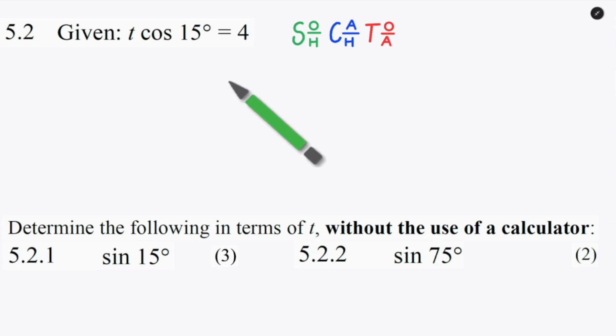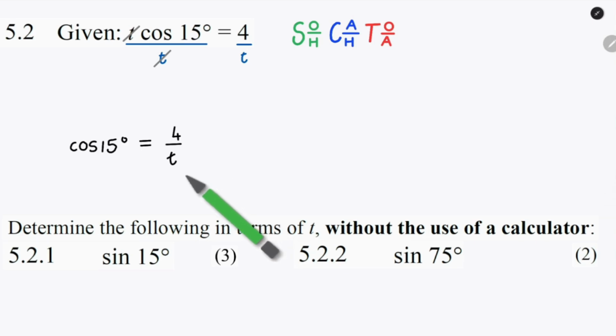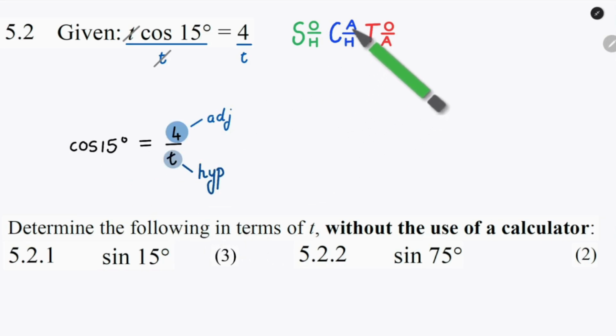And we're going to accomplish that by dividing both sides of the equation by t. And then they cancel on the left hand side over here. And I'm left with cos of 15 degrees equals 4 over t. And then we analyze this line like so. Because we're working with cos, that is the adjacent over the hypotenuse, so this top number is representative of the adjacent, bottom number represents hypotenuse.